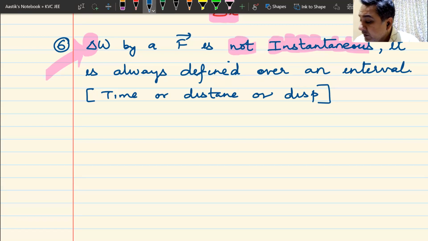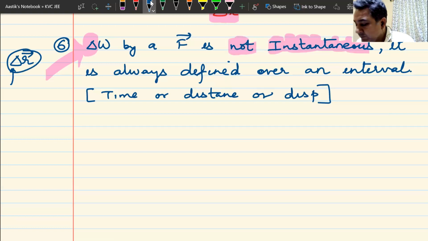Similarly, delta R is displacement. Now, displacement cannot be instantaneous because there is a delta written over here. It is always change. And therefore, when someone draws a graph between force and displacement, that graph is wrong, because then you are plotting displacement as a function of time. Displacement is never a function of time because it is not instantaneous.